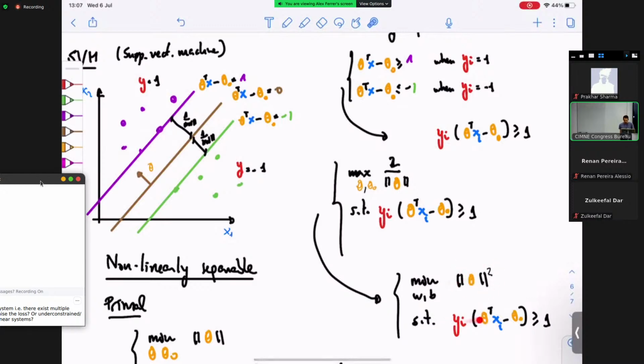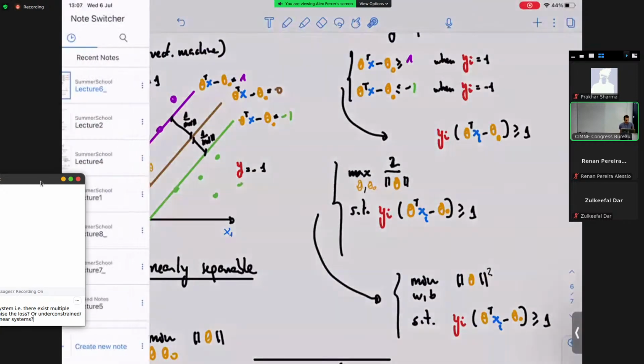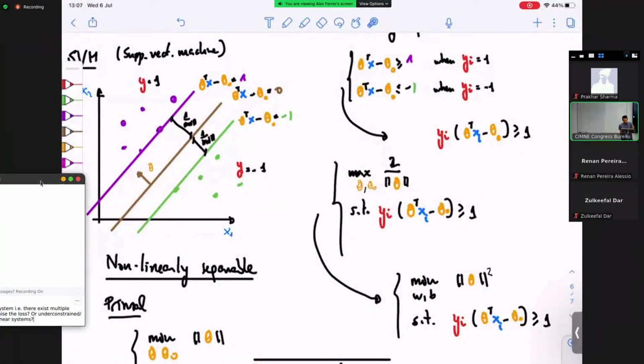But now we have a constraint. What can we do with the constraint? An equality constraint. What have we seen this morning with inequality constraint? How can we pass from an inequality constraint to an unconstrained optimization problem? Interior point method, exactly.